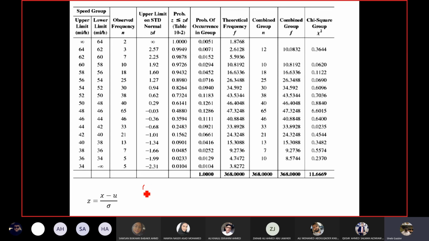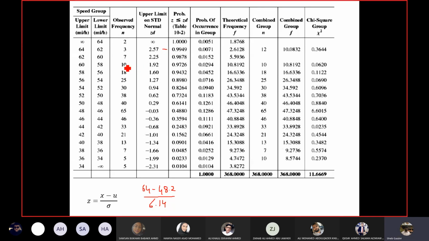How do I calculate? 64 minus, again I'm just trying to remember, I think the mean was 48.2 and the standard deviation is 6.14. If you want to see the exact values, go to the notebook, previous lectures, and you will find them. So 64 minus 48.2 mean upon 6.14 standard deviation for this data set will give you 2.57.